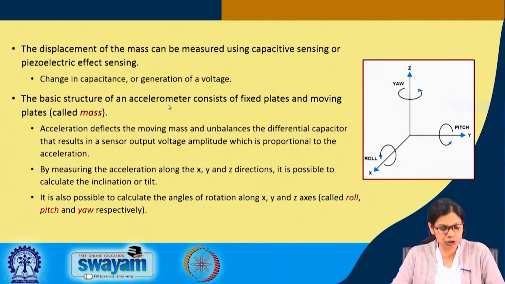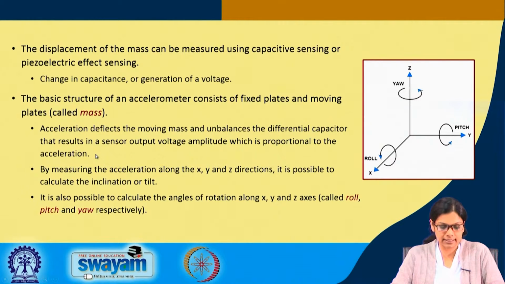The basic structure of the accelerometer consists of a fixed plate and a moving plate, and the acceleration deflects the moving mass and unbalances the differential capacitor, which results in a sensor output voltage amplitude which is proportional to the acceleration.